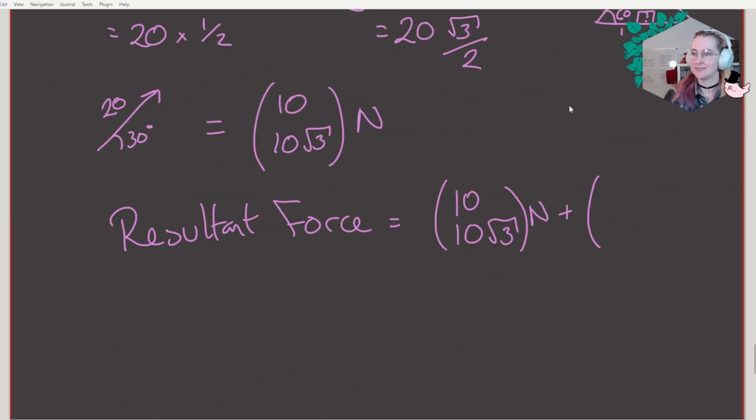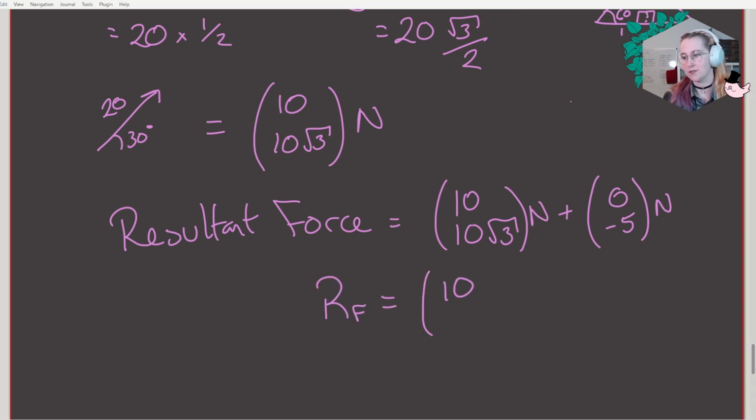So plus 0 minus 5 newtons, and that gives us a total resultant force of 10 newtons in the x direction and 10 root 3 minus 5 newtons in the y direction. I'm not going to figure out what that is to significant figures because I am not paid enough for that. We're leaving it as it is.